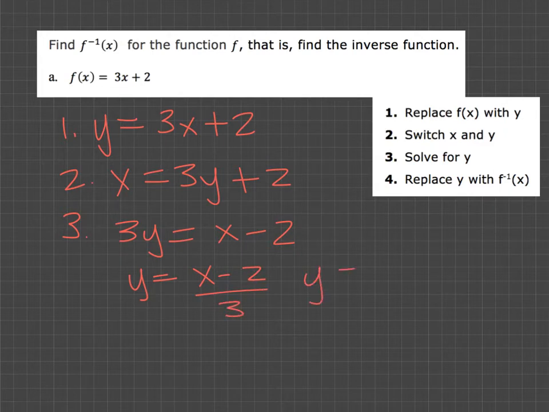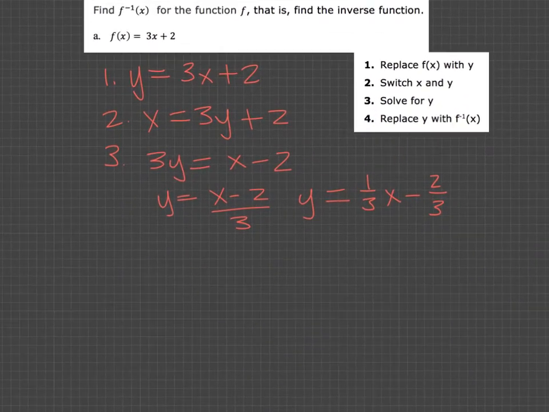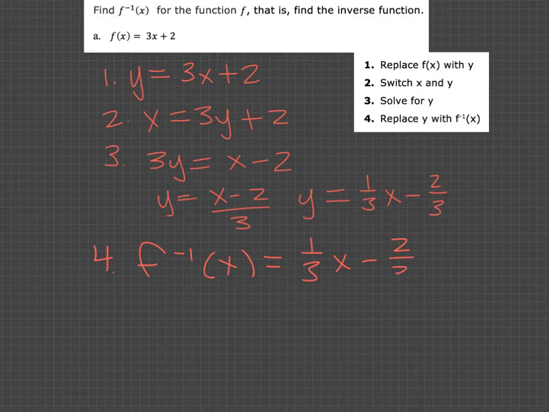So we're going to get y equals 1/3 x minus 2/3. And then finally, the fourth step is, again, just a notational change to put that in the f inverse of x notation. So f inverse of x is 1/3 x minus 2/3.